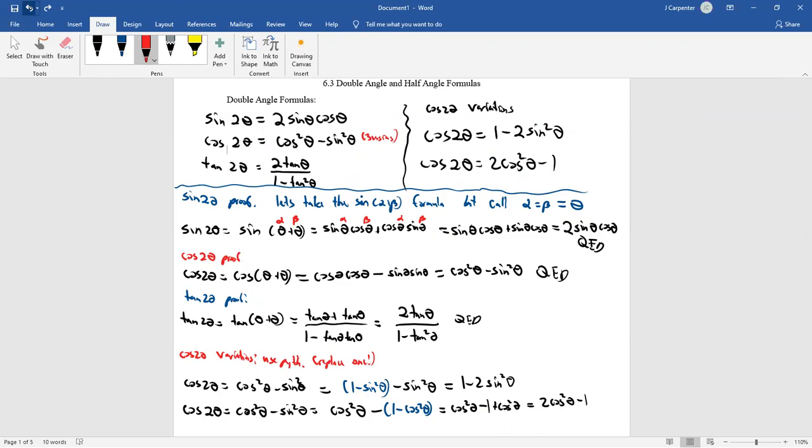So we give you the 3 versions for the cosine because, for trig, honestly, they're mostly interchangeable. Notice I said mostly. But when you get to trig equations and calculus, it starts becoming an issue that one is going to be better than the other. If I'm just talking about evaluating angles, all 3 of these are perfectly fine. In fact, I would say these are probably better for evaluating angles because then you've only got to do a sine or you've only got to do a cosine.